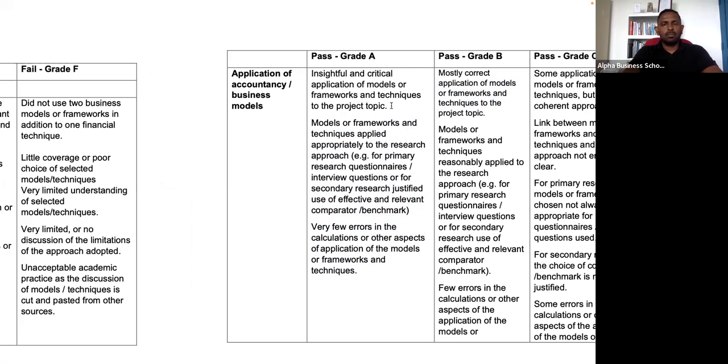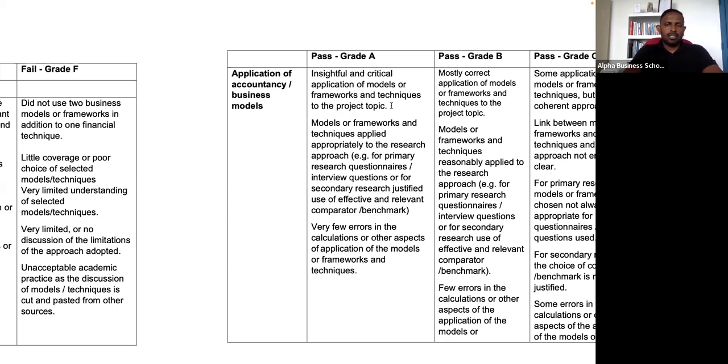So, for example, if you are using PESTEL to analyze the industry, tell the political factors and how those political factors affected the industry. So show that you are using the model. Don't write a research report without a model, or just show the model at the top but not use it in the research part. You're not going to get marks.